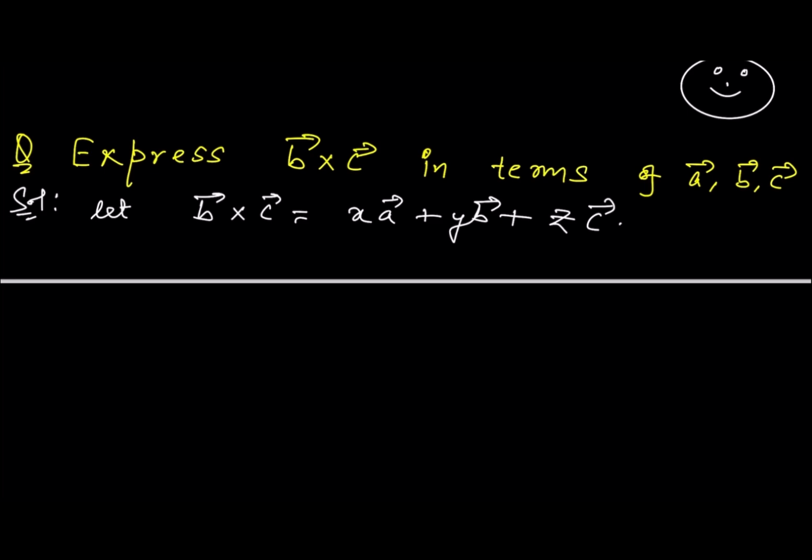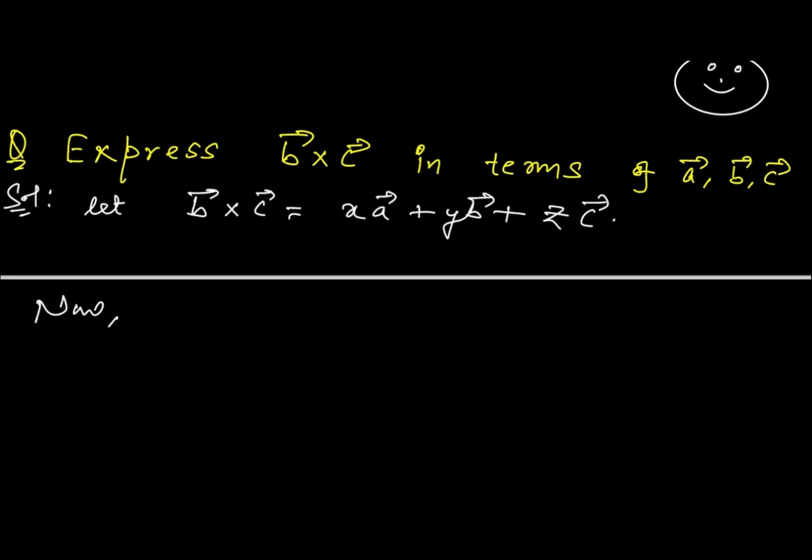We have to make box again. So how we can make box? By taking dot product, right? So if I take dot product with B cross C, C cross A and A cross B one by one, box will appear. So let's start now.